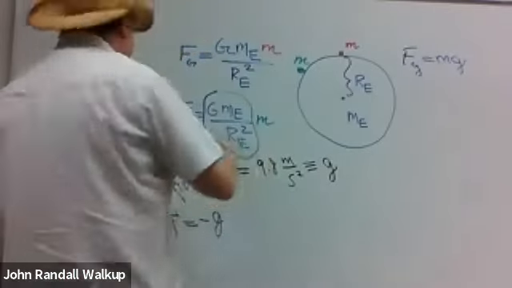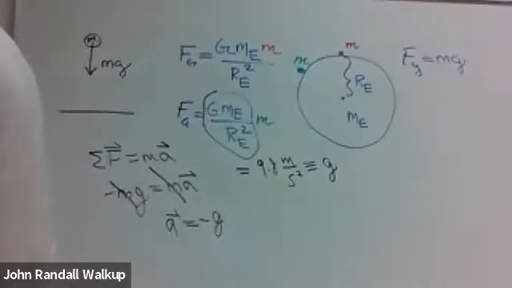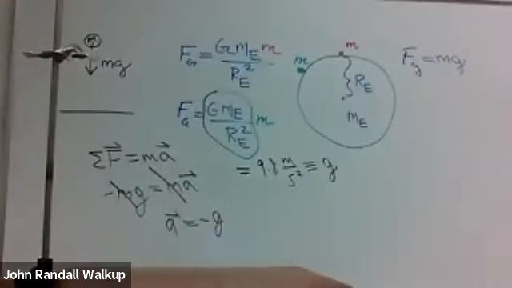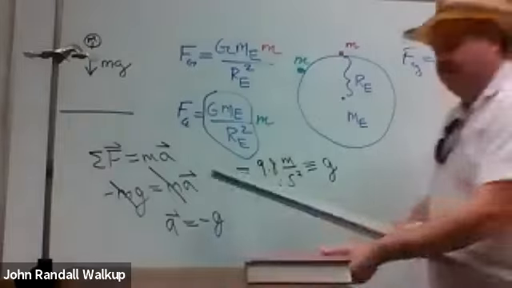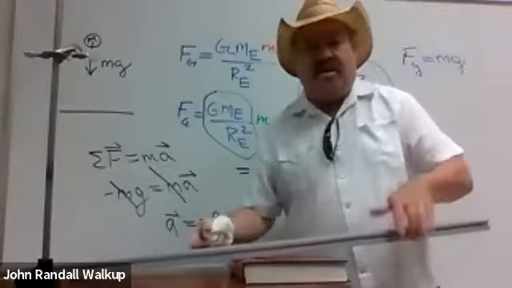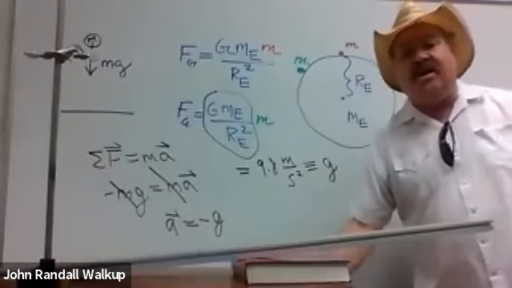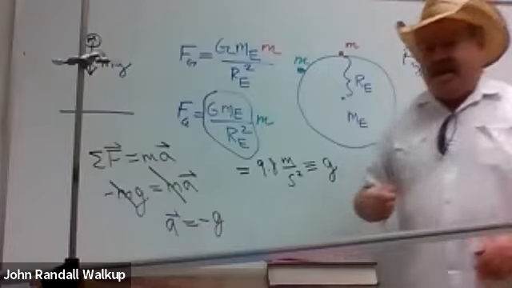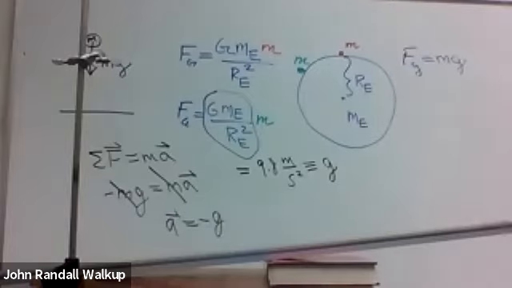Okay. So I'm going to now show you an example. Bring this thing out. So now I have what we call an inclined plane. All right. And I can place my, oh, shoot, I missed the part.